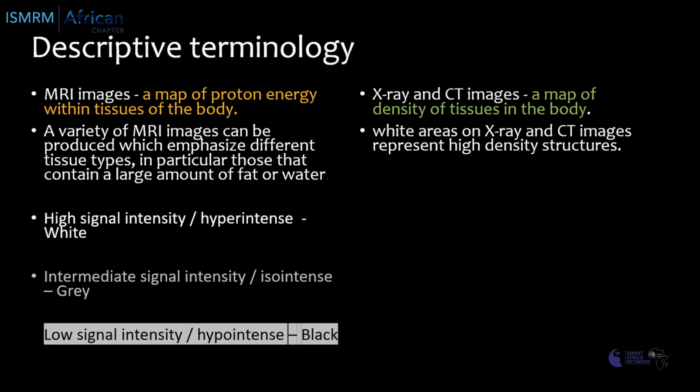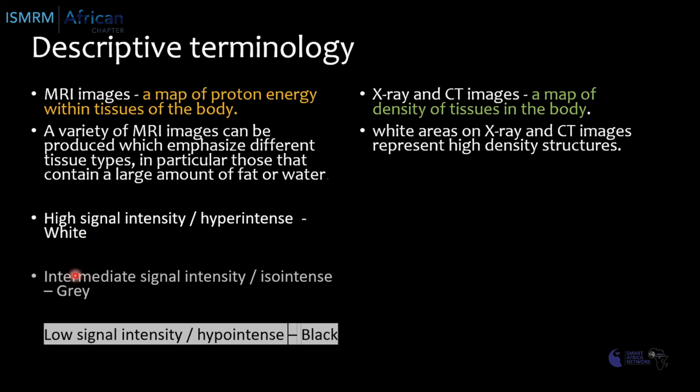Unlike CT and X-rays, which can be described as a map of density of tissues in the body, whereby very dense structures are seen as white, and less dense objects like air and fat are dark, on the MRI, when we see a high signal intensity, it's going to be seen as white, and we use the term signal instead of density.